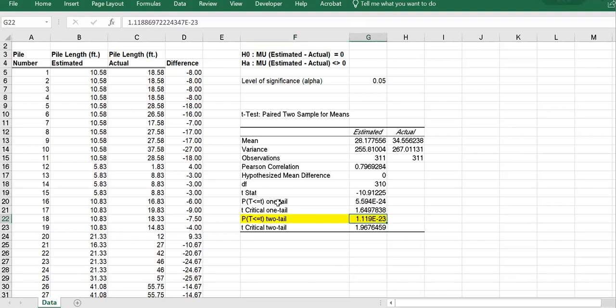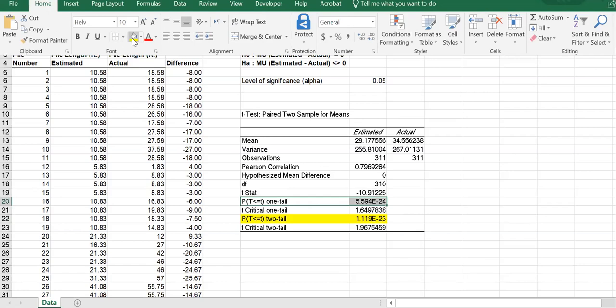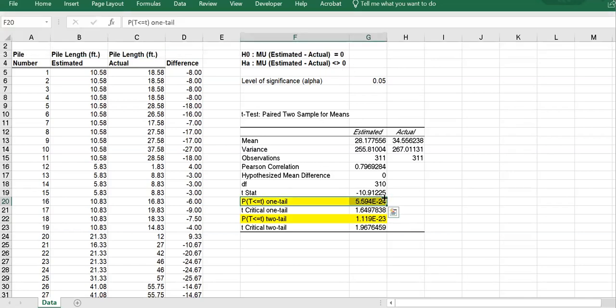Excel, similar to what we had before in the other t-test two-sample assuming unequal variances, also has a one-tailed p-value, but our test right now is a two-tailed test, so we just look at this one. For one tail, Excel just gives us one number. So it is up to us to figure out what type of p-value this one is.